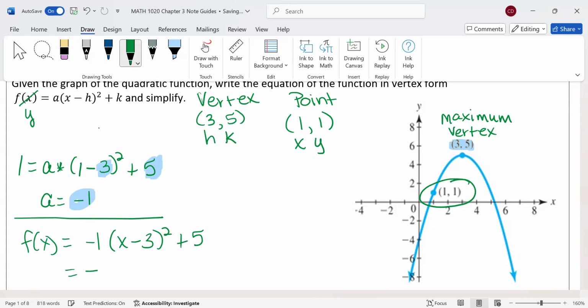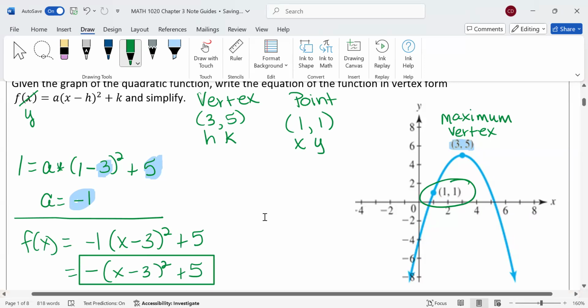So we're just going to leave that as a negative without the 1. If you had something like -3 out front, you would leave the 3 in there. And then that's what they want. And that's vertex form. Looking at this, I can tell the vertex is at 3, 5.